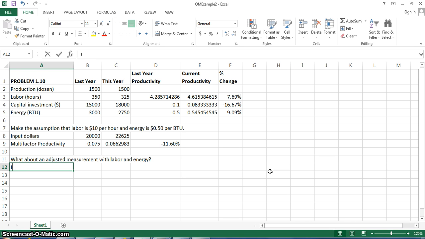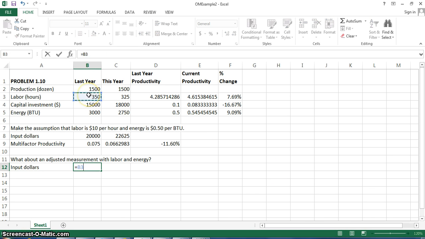Let's recalculate the input dollars with just 2 inputs, labor and energy. So input dollars would be 350 times 10 plus 3,000 times 50 cents.